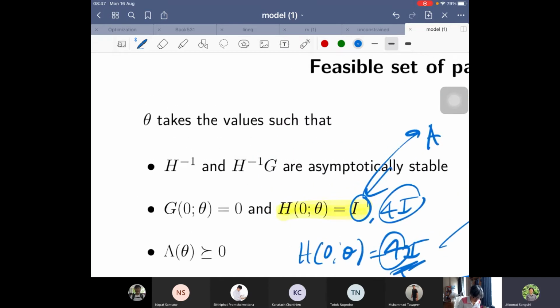For the first condition, H inverse and H inverse G must be valid, which means your transfer function H must be invertible. And when you consider its inverse with these two expressions, they must be asymptotically stable.